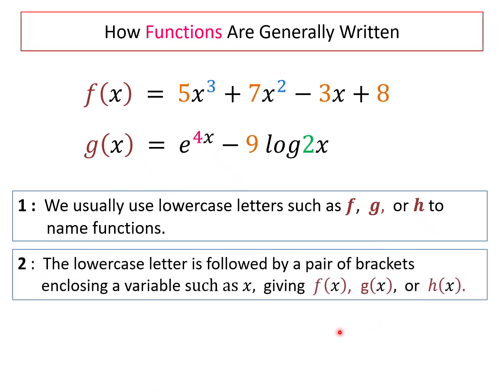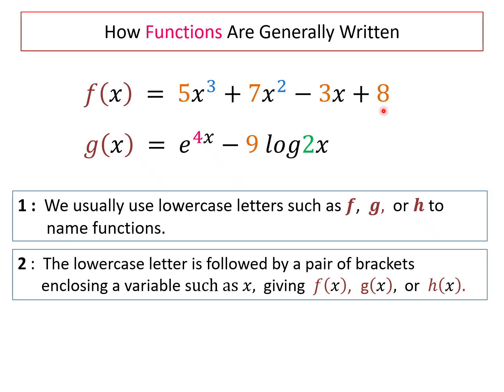And we make use of a pair of brackets enclosing a variable such as x in this case to indicate that the expression on the right hand side is in terms of x only.